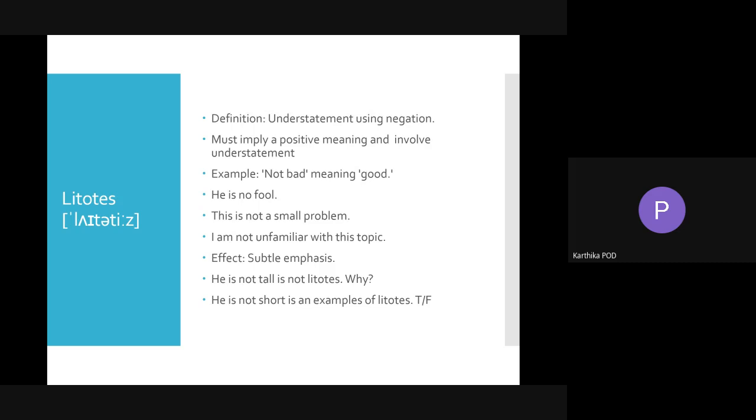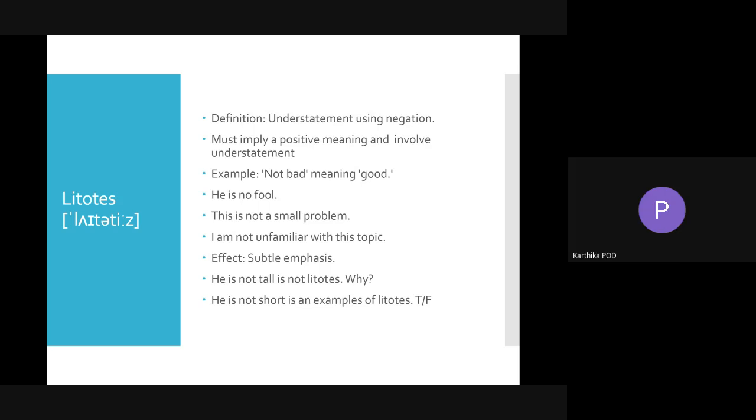But if I say he is not tall, the first condition is it should have negation. Does that sentence have negation? He is not tall. Does it have negation? No, ma'am, I think, no. It has negation.